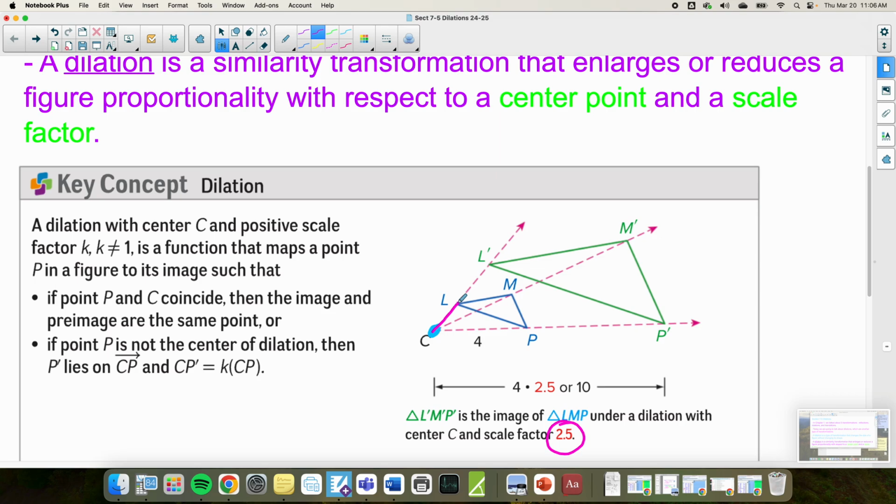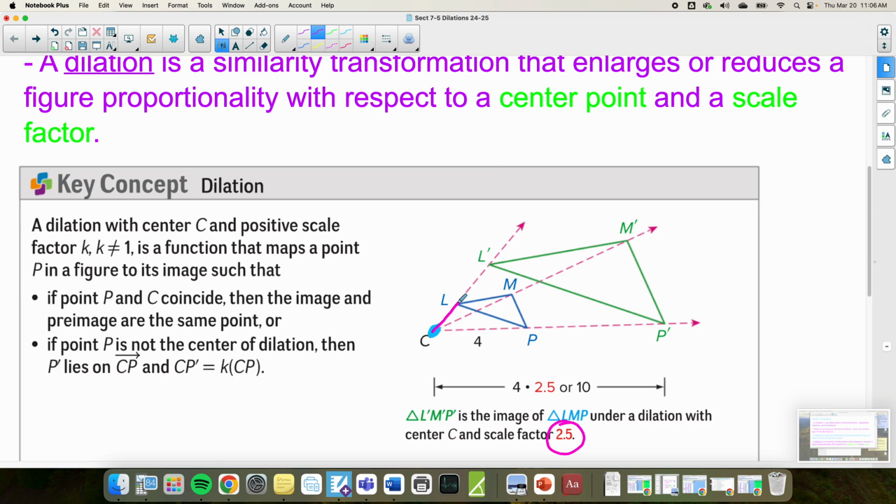And then if your scale factor is bigger than 1, your new image is going to be bigger than your original image. And one of the things you'll see today is they call the original figure your pre-image, and they'll call the new figure just your image, okay?